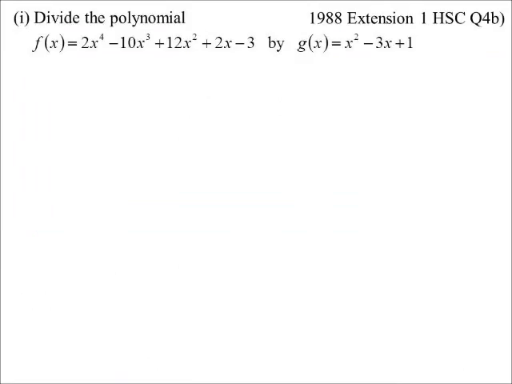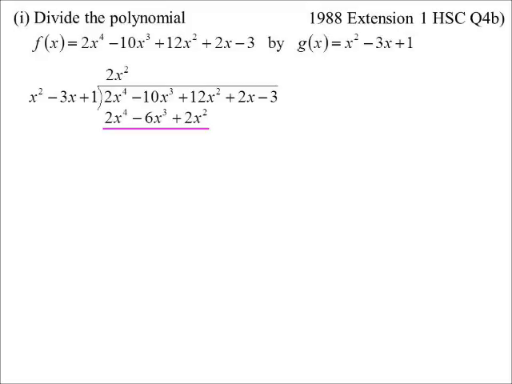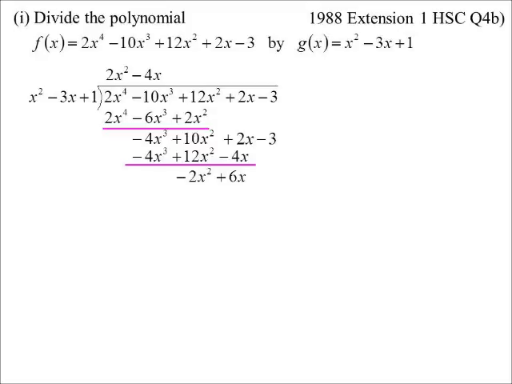Okay, 1988. So this time, let's do it again. We're going to divide the polynomial. Okay, same idea. 2x squared, multiply out, subtract. So now x squared into minus 4x cubed. Oh, sorry, bring down the 2x minus 3. Minus 4x, multiply out, subtract.